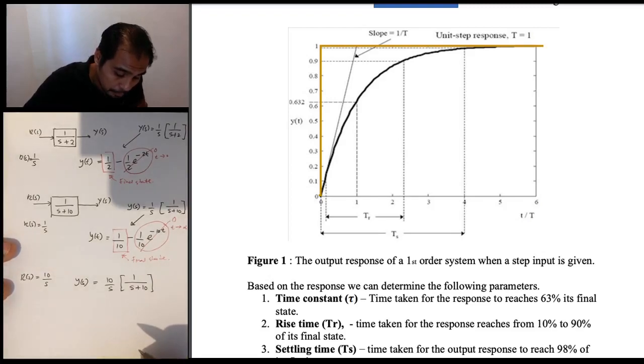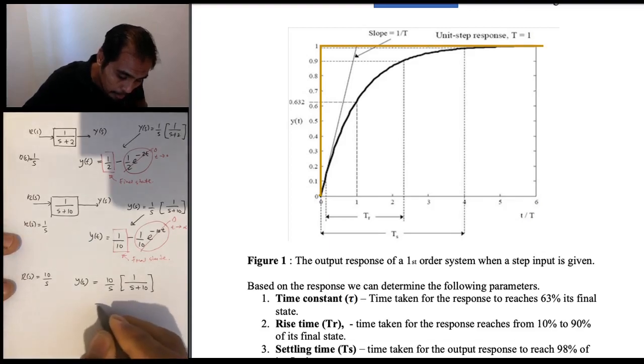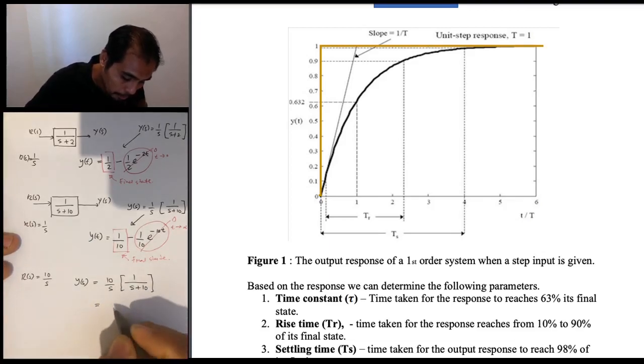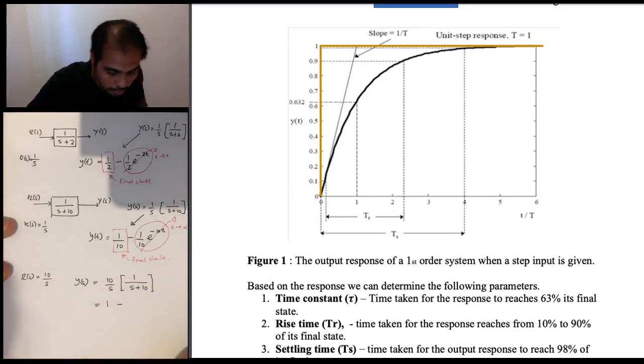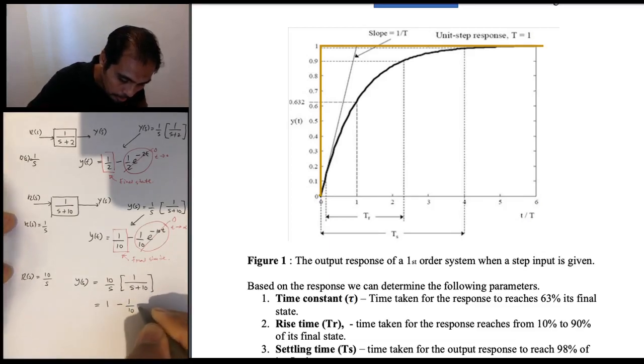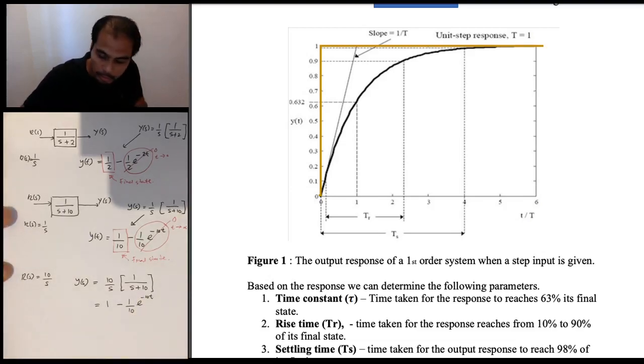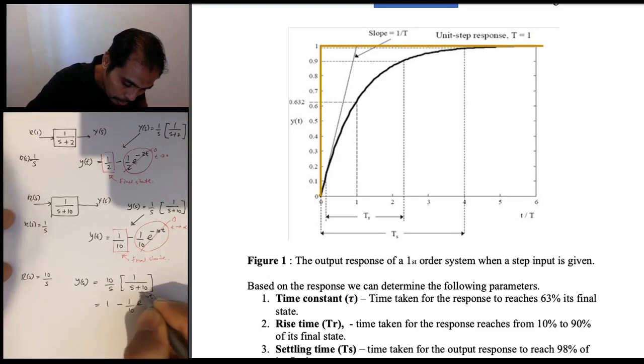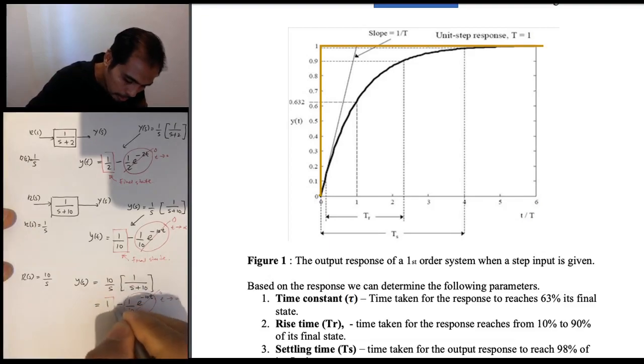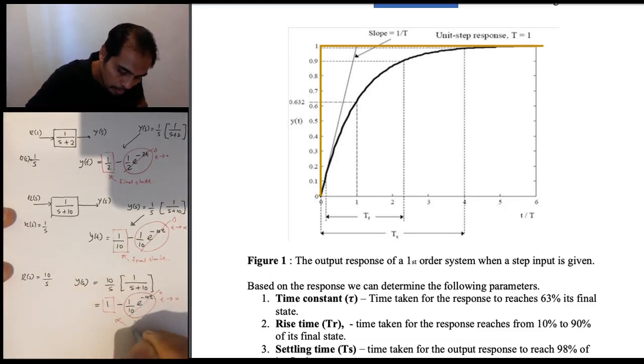So that makes our system 10 over 10, which is 1 minus e to the minus 10t, right? So this term becomes 0 as t approaches infinity. That is our final state.